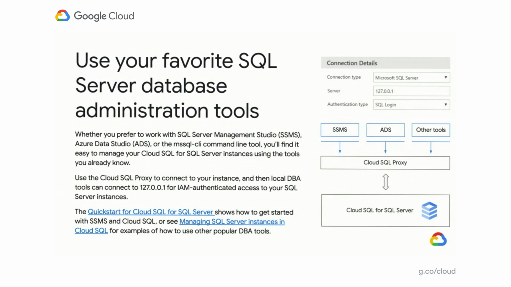So if you're a SQL Server user, for example, I encourage you to take a look at the links on this slide. Here, we're talking about how SQL Server users can use their favorite administration tool with Cloud SQL, incorporating the Cloud SQL proxy, which makes Cloud SQL instances in the cloud look local to any machine that you're working on. Follow up on those links if you're interested in learning more.